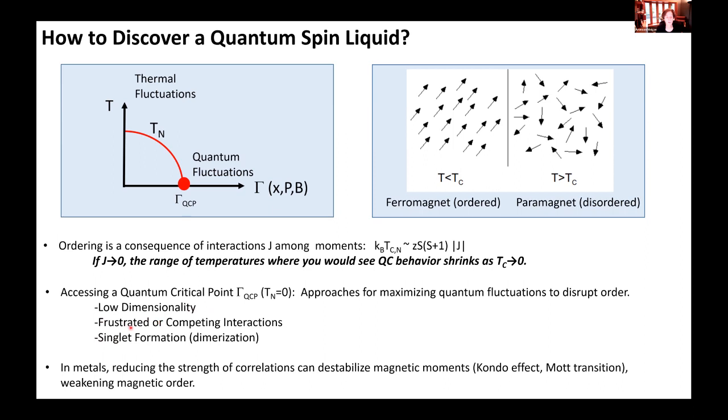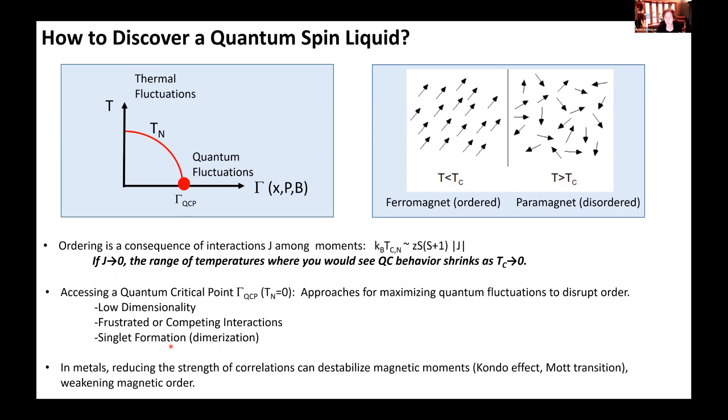Another possibility, of course, is that we could look at particular lattices, we call them geometrically frustrated lattices, where the interactions are very closely balanced and in fact can cancel each other out. And the fluctuations that you get in that kind of a system can be sufficiently strong to suppress order. And there are even systems where dimerization can also form these non-magnetic singlet states that compete with order.